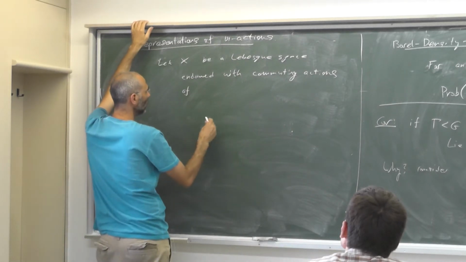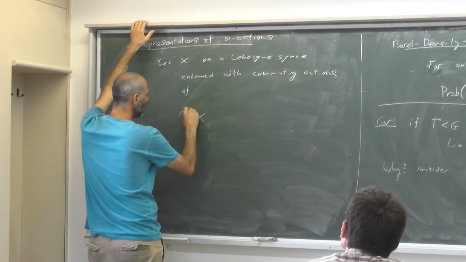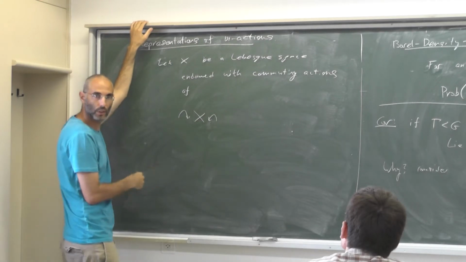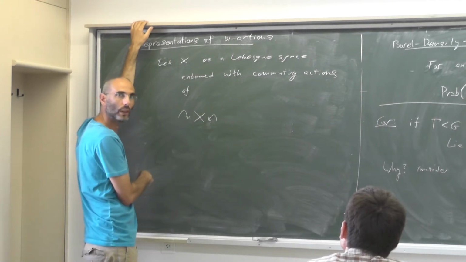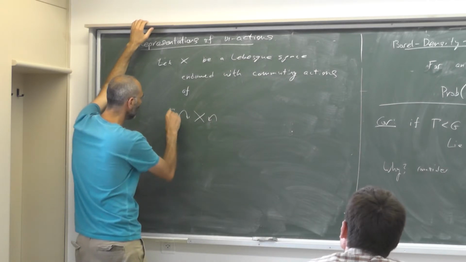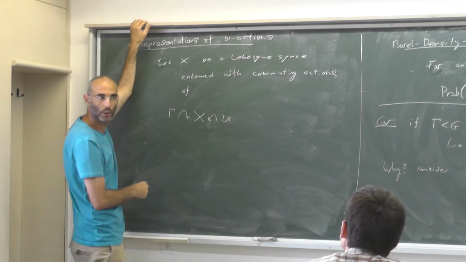So I will have X, and I will act with two groups on it. So not to emphasize that there is this commutation, I will act with one on the left and one on the right. And one I will call gamma, and one I will call U.